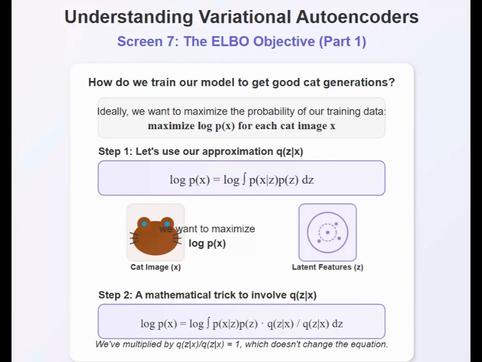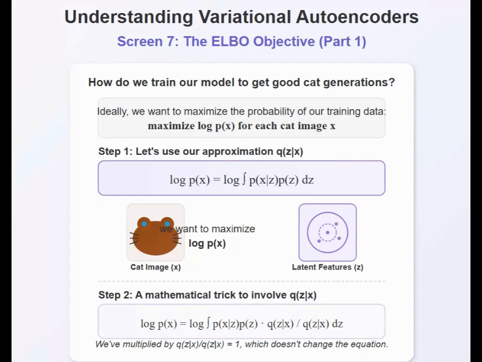In step 2, we introduce a mathematical trick. We multiply the expression inside the integral by q(z|x) divided by q(z|x), which equals 1 and therefore doesn't change the value. This gives us log P(x) equals the log of the integral of P(x|z) times P(z) times q(z|x) divided by q(z|x) with respect to z. Why do this? It may seem like an unnecessary complication, but this step is crucial because it lets us introduce our approximation q(z|x) into the equation.